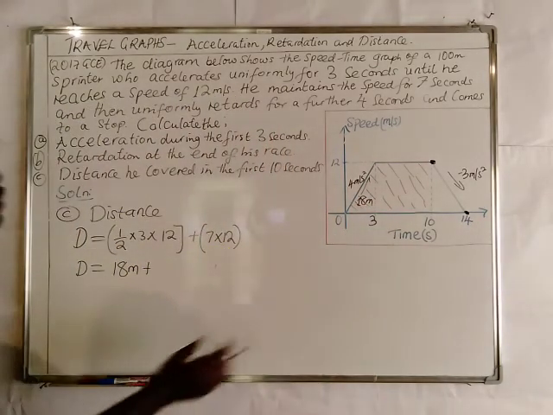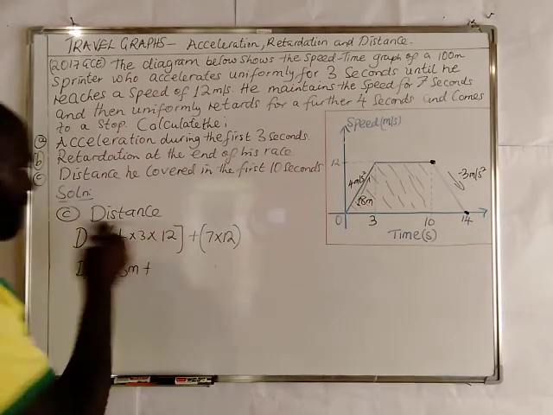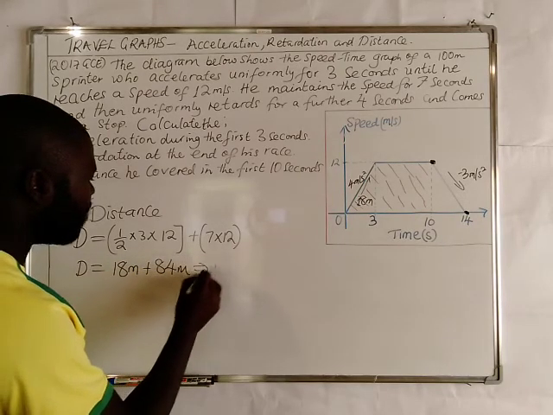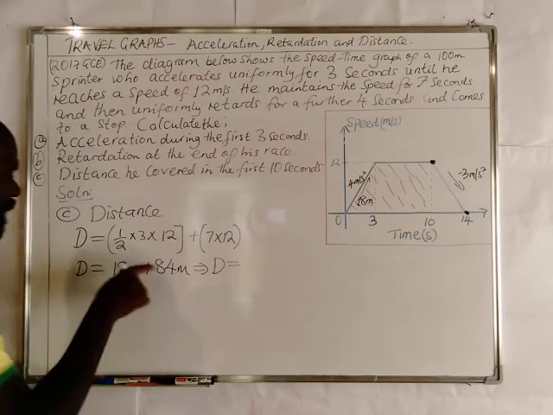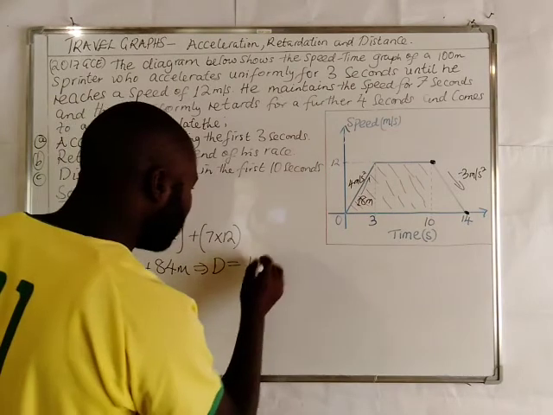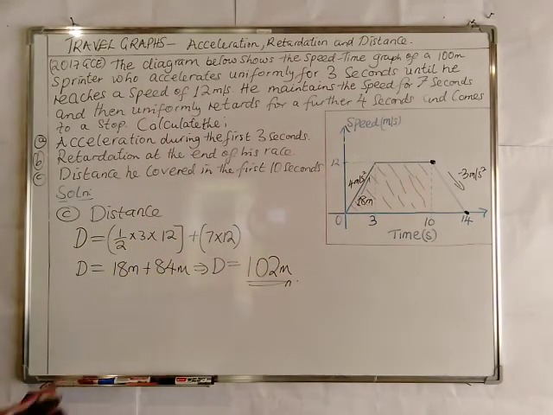Now between 3 and 10 seconds, we have 7 and 10, and we are multiplying 7 by 12, so that we get 84 meters. So finally, the distance that was covered in the first 10 seconds is 18 plus 84, which gives us 102 meters.